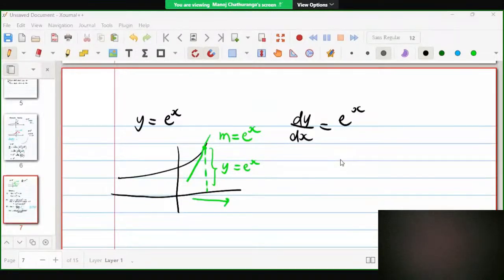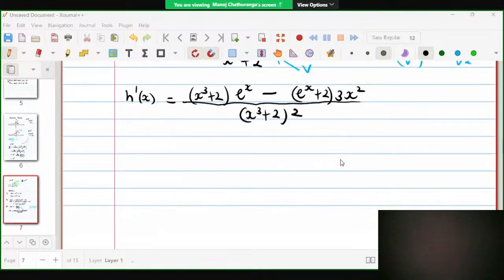I can easily give you the answer, but I think it needs some explanation, some context. So we will wait until we go to our next section, the derivative of compositions. In that section, I will explain the derivative of other exponential functions. So this is all about the exponential function.